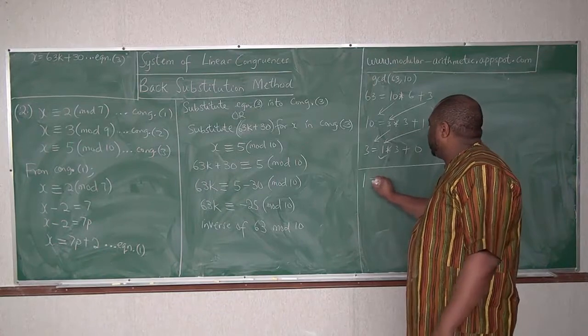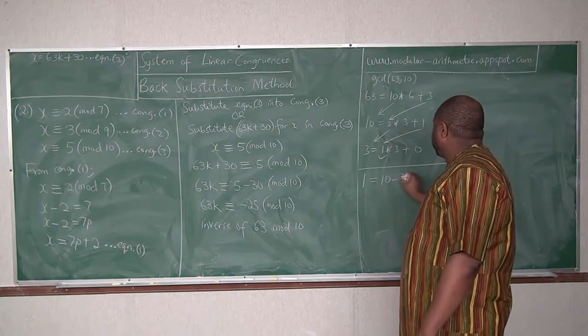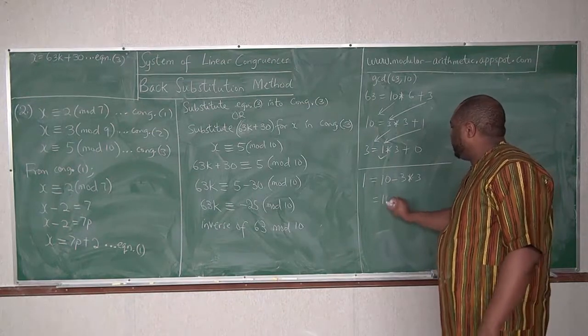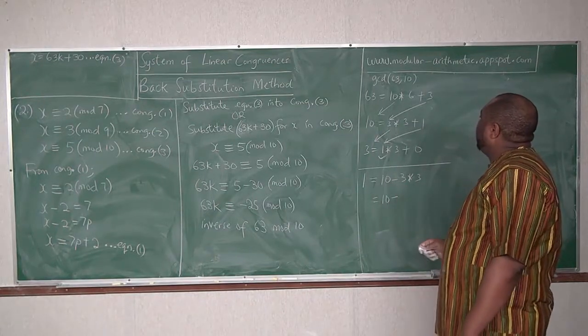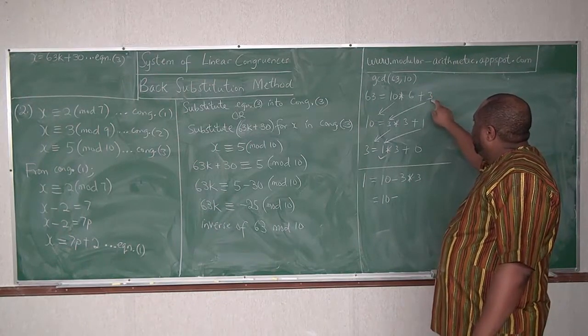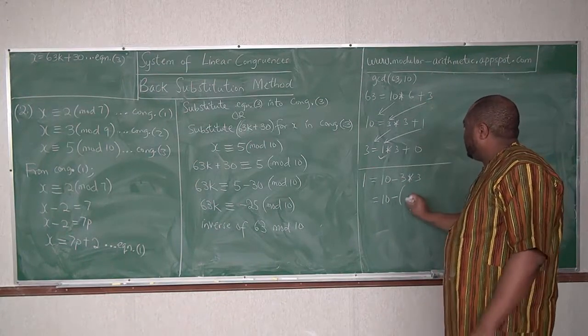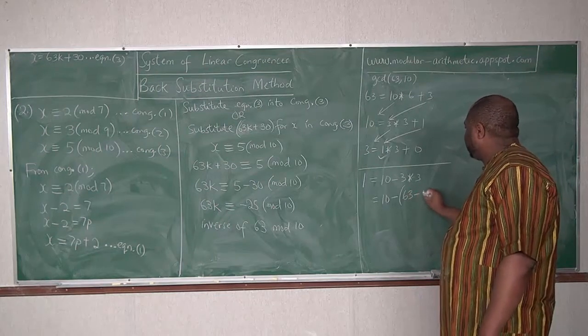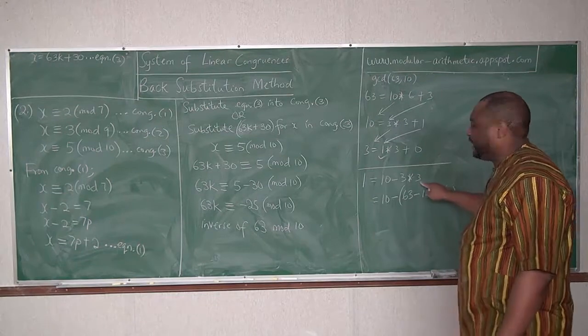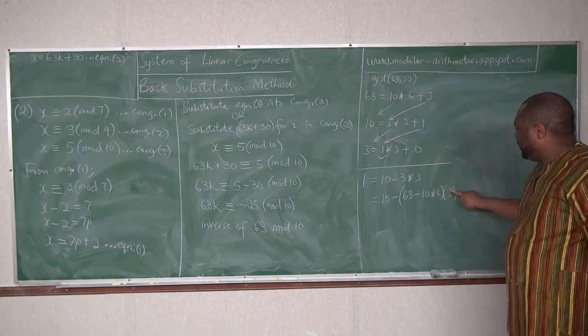So 1 is equal to 10 minus 3 times 3, which is equal to 10 minus 3 times (63 minus 10 times 6), since this 3 is this 3.